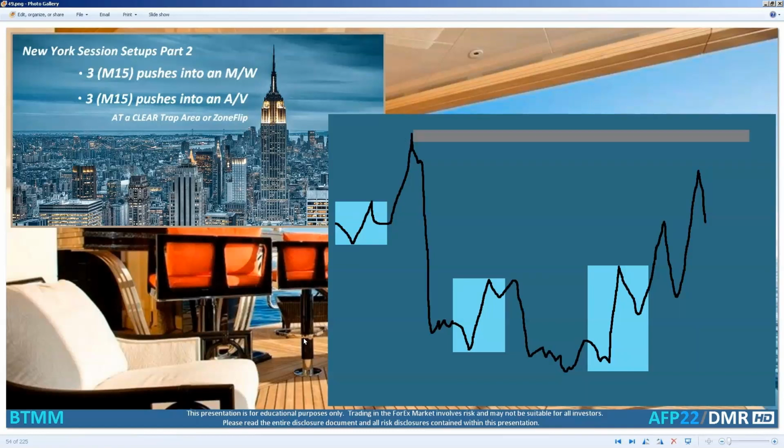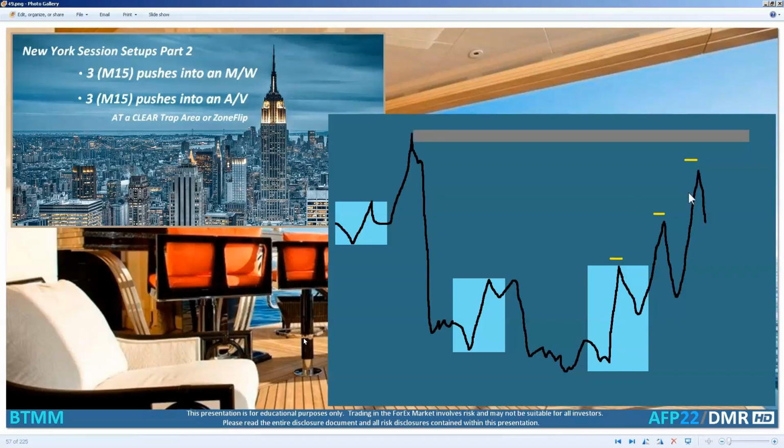Okay, but we're going to clearly depict what these boxes are. They can be a trap area or a zone flip. So this is where it looks like our strong trap area is. And we've got a 1, 2, 3 up. The reason why this is not probably a good idea to take a single leg A short is that it has not yet reached back into this previous trap area.